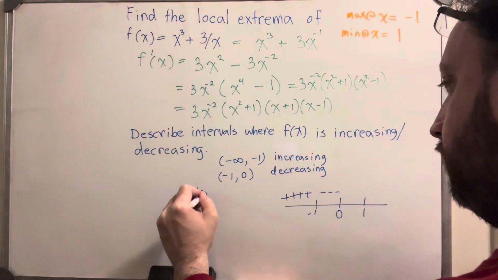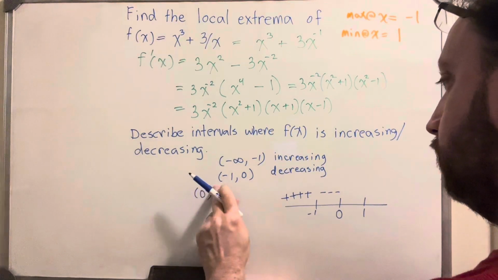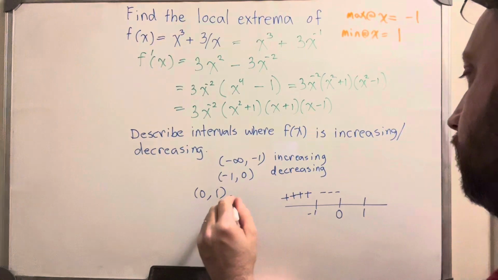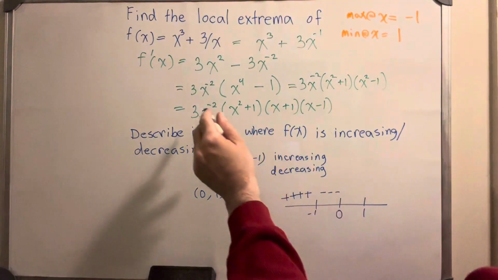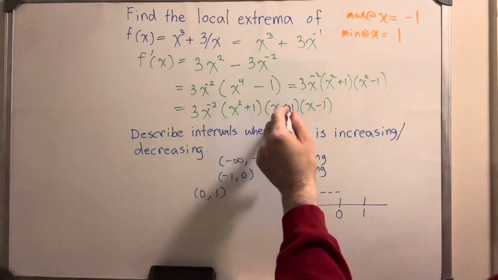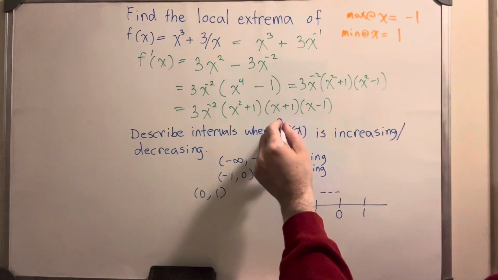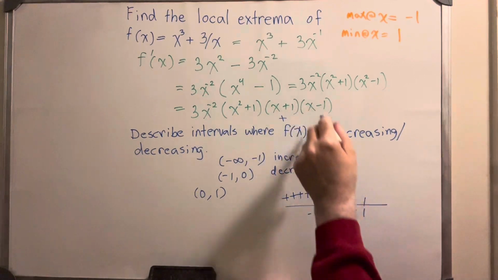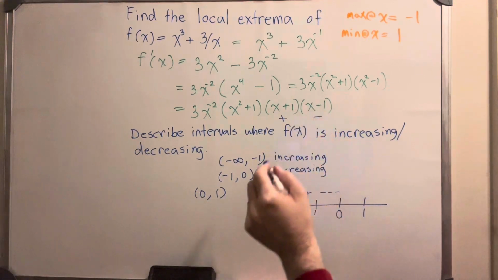How about from 0 to 1? Positive, positive. Small positive value plus 1, this would be positive. A small positive value minus 1, this would be negative.